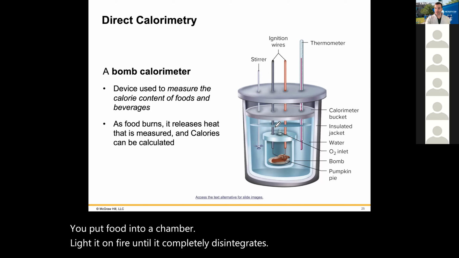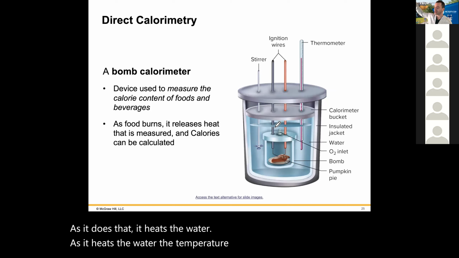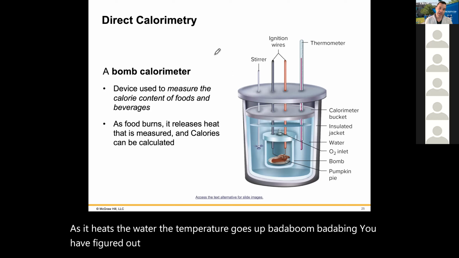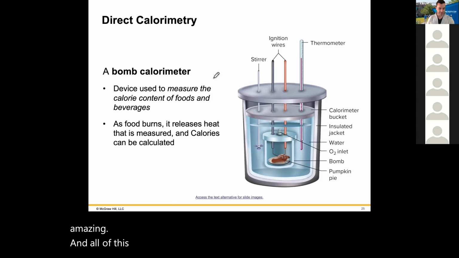As it does that, it heats the water. As it heats the water, the temperature goes up. Bada boom, bada bing. You have figured out how that food can raise the temperature by 1 degree. Hell yeah, it's amazing. And all of this is already calculated out for you.